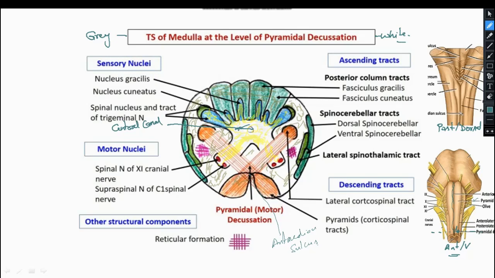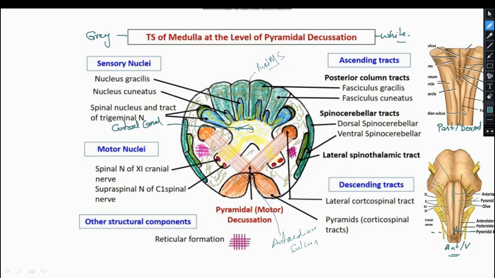On the dorsal aspect or the posterior aspect, we have seen this sulcus. This is the posterior median sulcus.